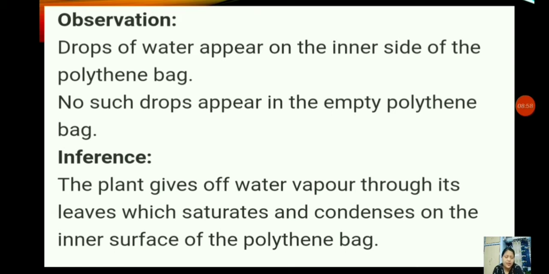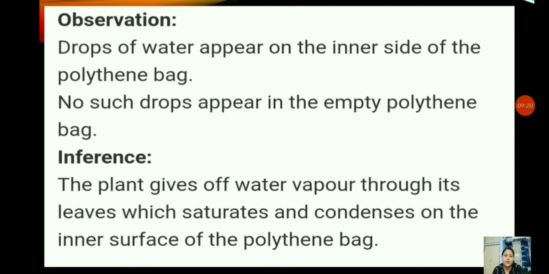We can infer that the plant is releasing excess water in the form of water vapor. That water vapor, when it comes in contact with the cool surface of the polythene bag, gets condensed on the inner surface, forming the water droplets.